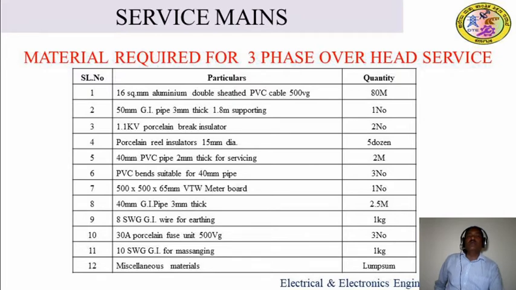PVC bends suited for a 40 mm pipe, 3 numbers required. 500 by 500 by 65 mm varnish teakwood meter board, 1 number for fixing of the energy meter. 40 mm GI pipe, 3 mm thickness, 2.5 meters required for earthing. 8 SPG GI wire for earthing, 1 kg. 30 amps porcelain fuse unit, 500 volt grade, 3 numbers, and 10 SPG GI wire for the messenger, 1 kg, and miscellaneous material should be considered as a lump sum.